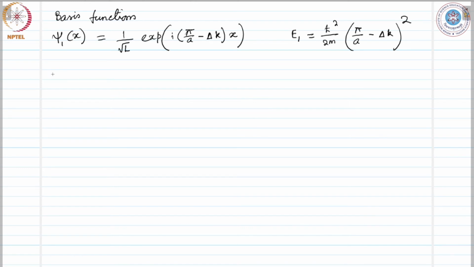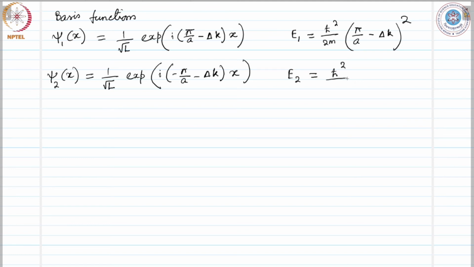squared, and the other basis function psi 2 of x equals 1 over square root of L, e to the power i times minus (pi over a minus delta k) times x, and this has the energy E2 equals h cross squared over twice m, times (pi over a plus delta k) squared.